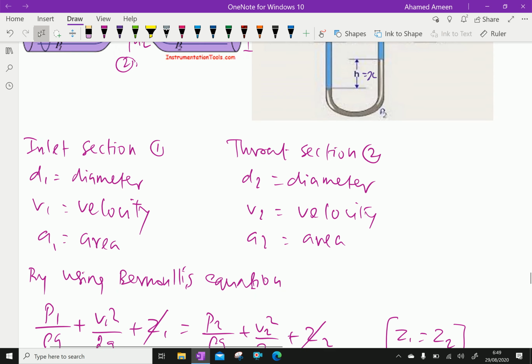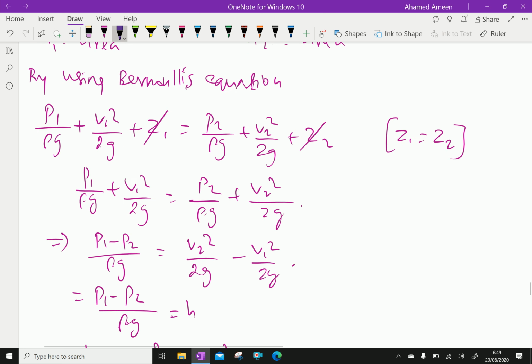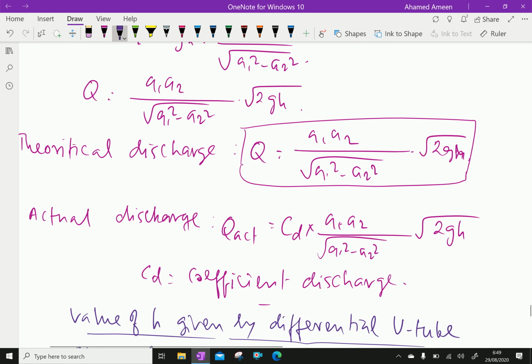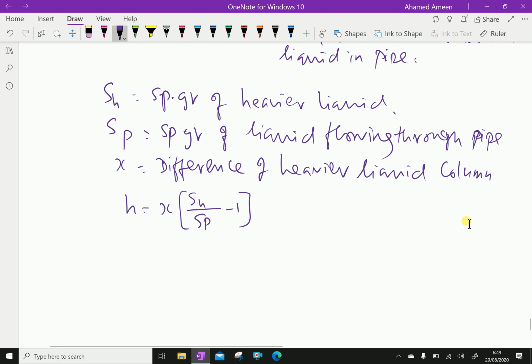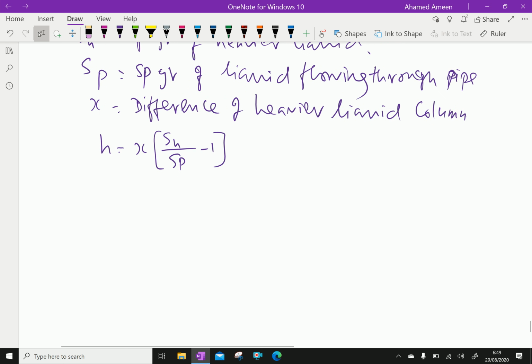Here we are keeping X, which is expressed in terms of SH, the specific gravity of the heavier liquid, over SP, the specific gravity of the liquid passing through the pipe, minus 1. This gives us H.